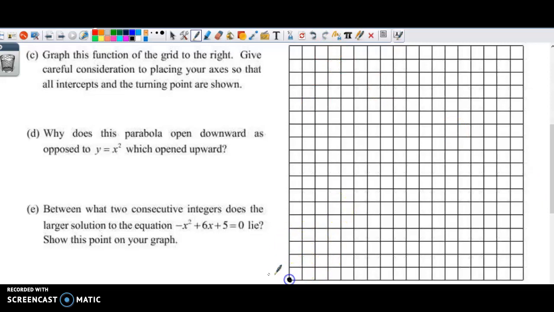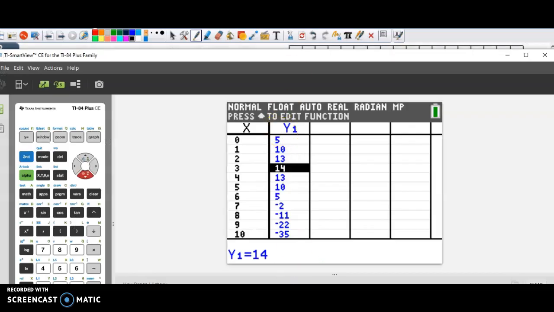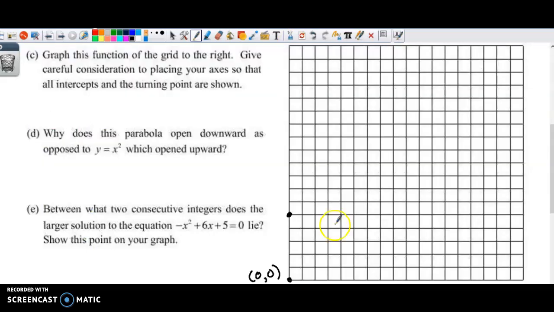Let's just make right here the origin (0, 0), because it started up 5, 1, 2, 3, 4, 5, and then the next point was (1, 10), (2, 13), so 6, 7, 8, 9, 10, 11, 12, 13, and (3, 14).